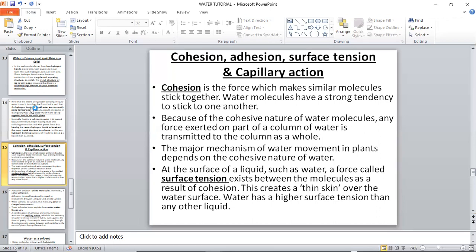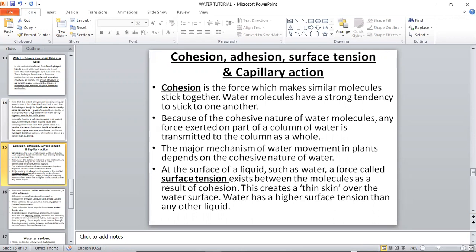So you have the air-water surface there. Therefore, those molecules that are at the surface will be drawn downwards by the water molecules below. This leads to the formation of a skin-like surface at the water level, which is what is known as surface tension.